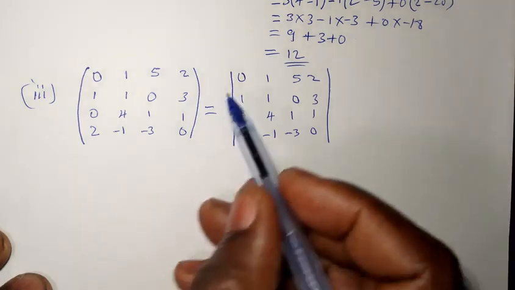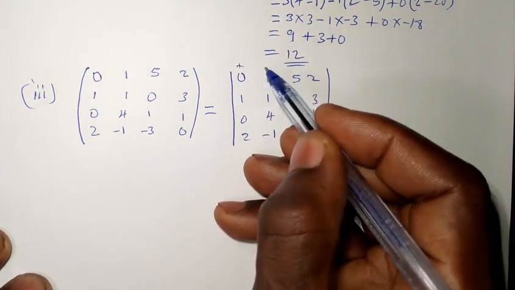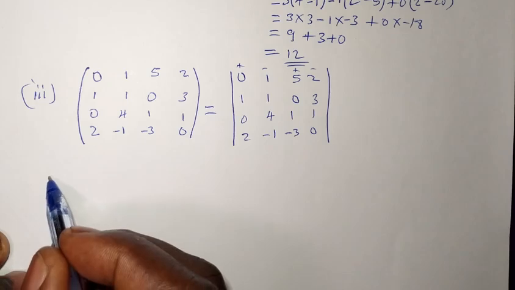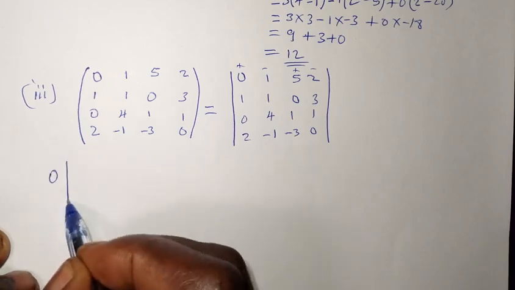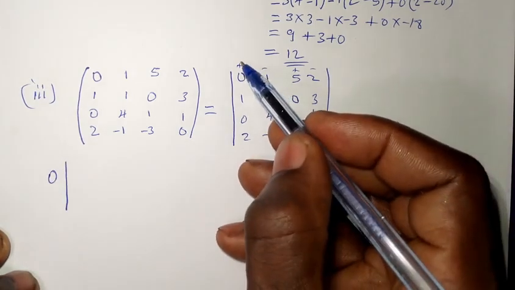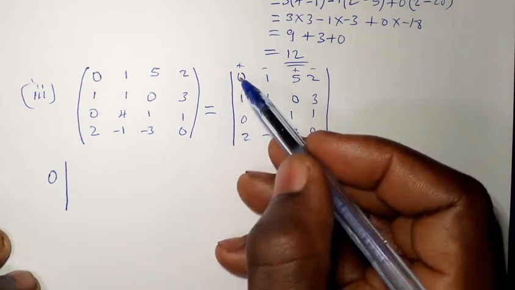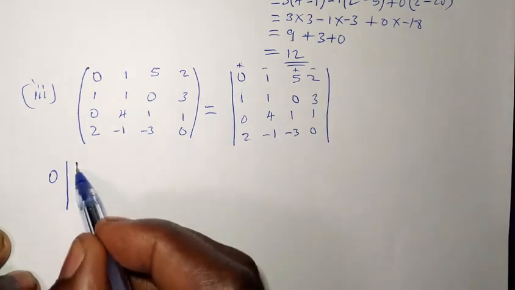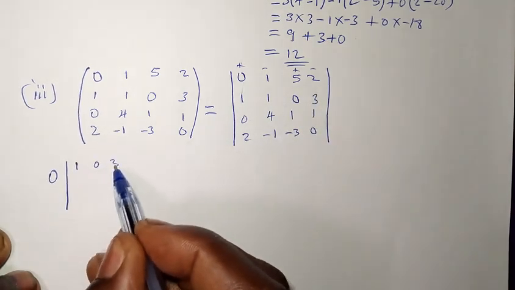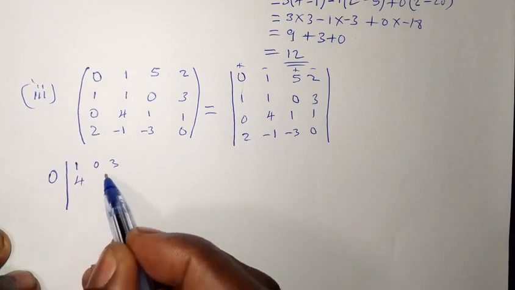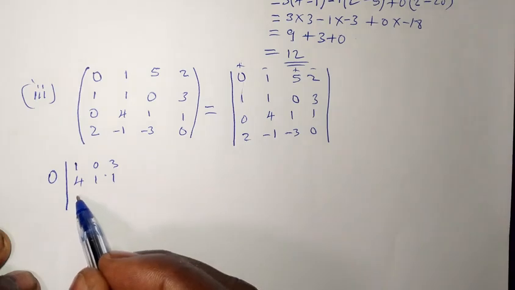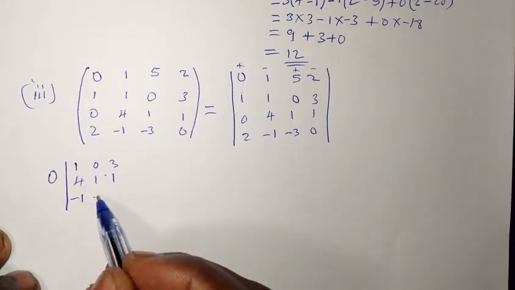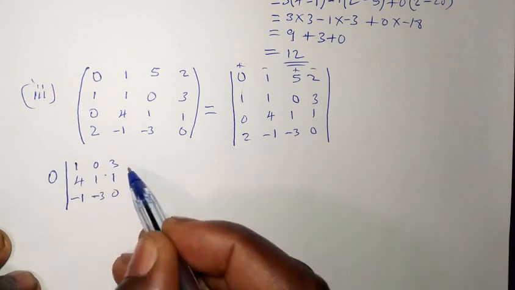So let's go together. Well, first of all, this is plus minus plus minus. So we are taking 0 first of all. When you take 0, you will kick out this column, you will kick out this row, so that you are left with this one, which is 1, 0, 3, 4, 1, 1, and minus 1, minus 3, 0.